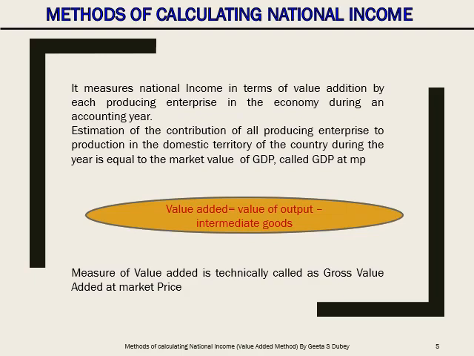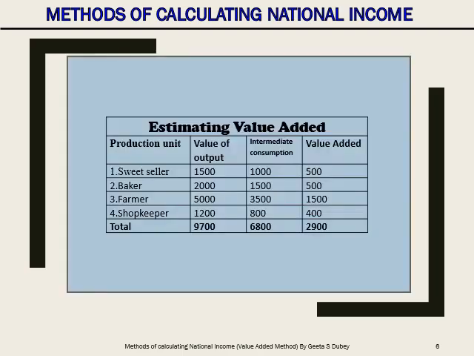It is the difference between the value of output of an enterprise and the value of intermediate consumption. Let's understand it with the help of an example. As you can see on the screen, we have a schedule with the heading Estimating Value Added. This is the value added that we are talking about in the value added method of calculating national income. We have four columns.